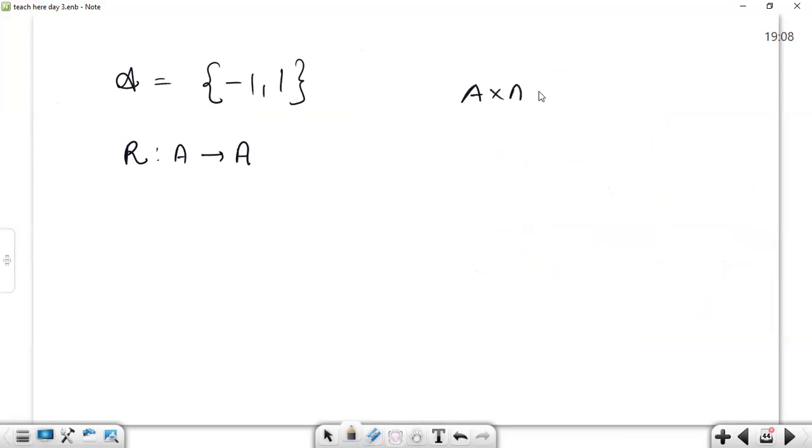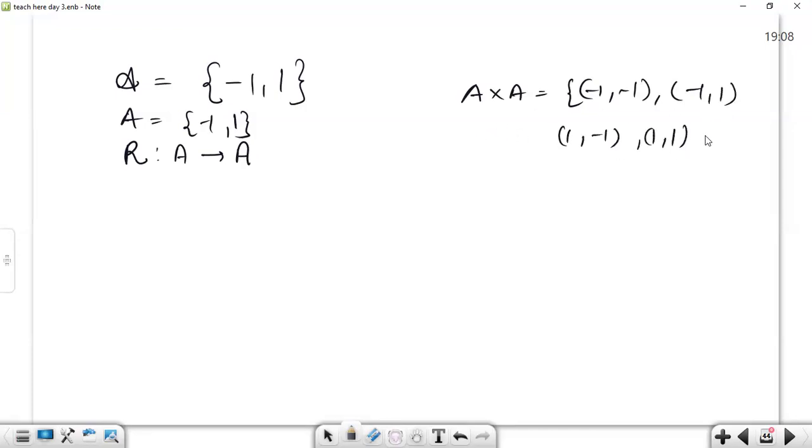So how will we find A cross A? We write it twice. Minus 1 with minus 1, minus 1 with 1, 1 with minus 1, and 1 with 1. We have not repeated any.